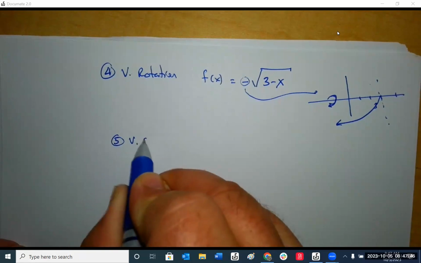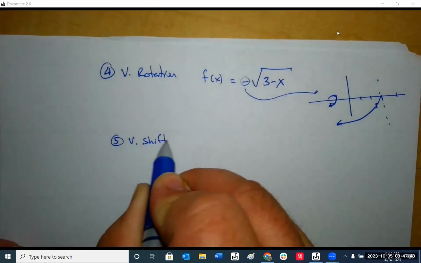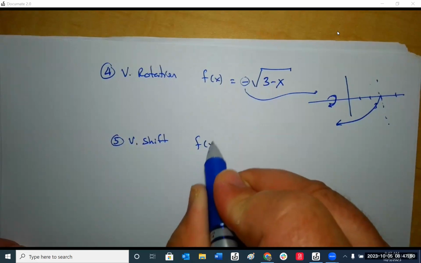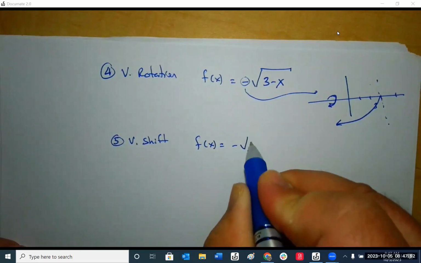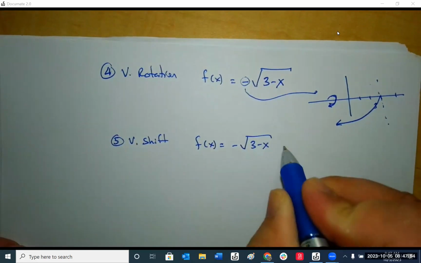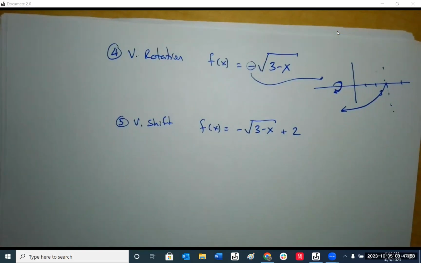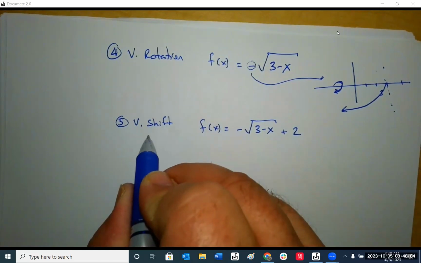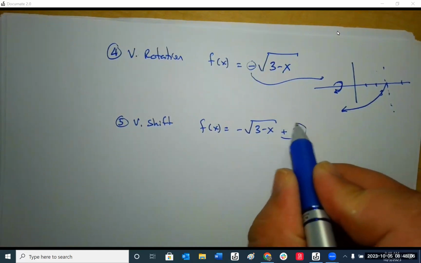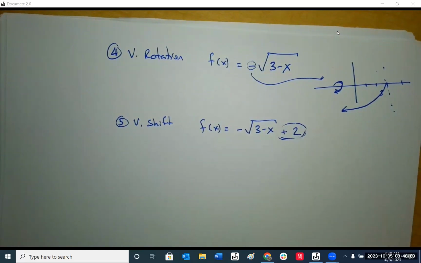Then is there a vertical shift? The vertical shift is the d value. Is there anything added or subtracted from the function?